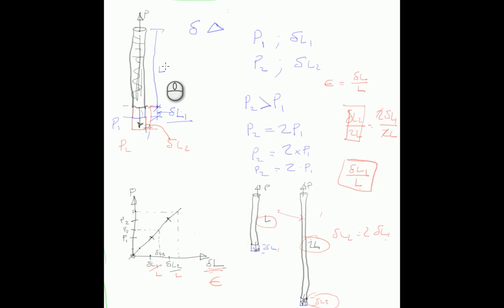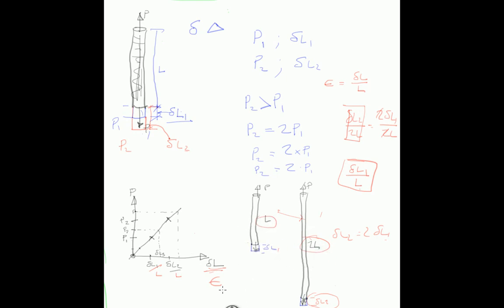If I now change the value of L, I will get a different delta L, but this value, change in length divided by original length, is going to be the same, something that I can measure commonly for all samples, no matter how long they are.